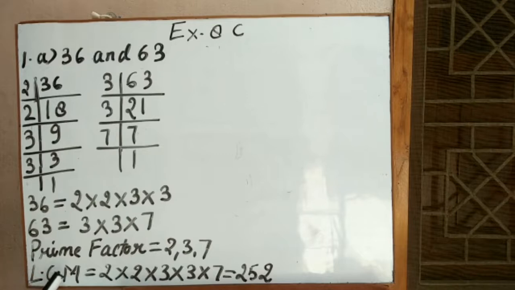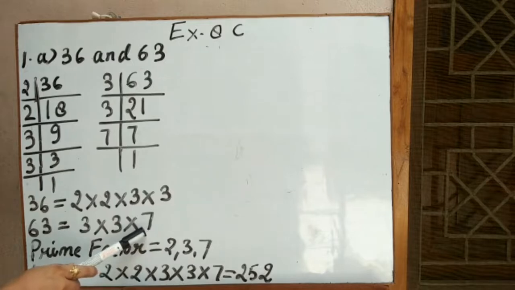Now, write LCM, means least common multiple. In this, we will write 2 the maximum number of times it occurs. That is, 2 is how many times? 2 times. That's why we will write 2 two times. Similarly, how many times is 3 repeated? 2 times. That's why we will write 3 two times.